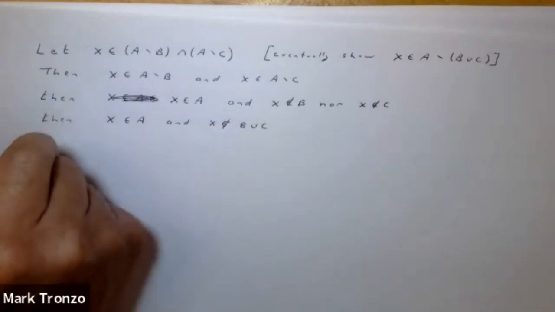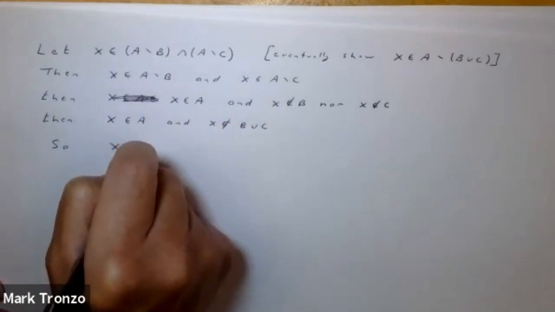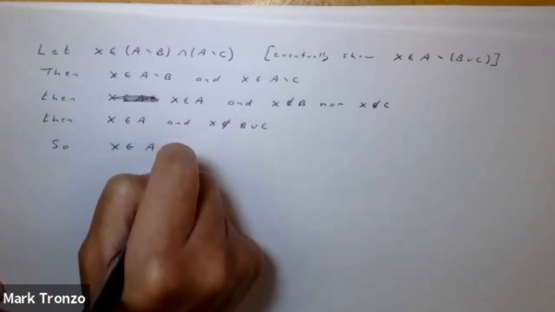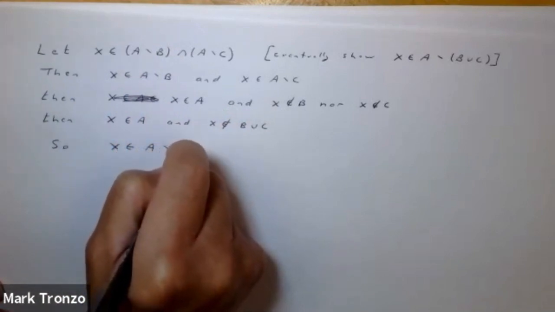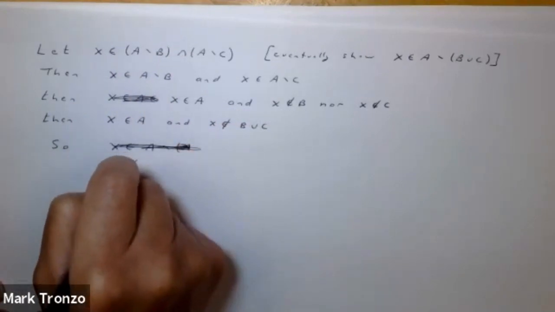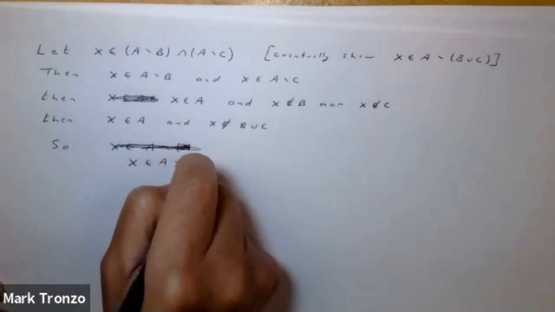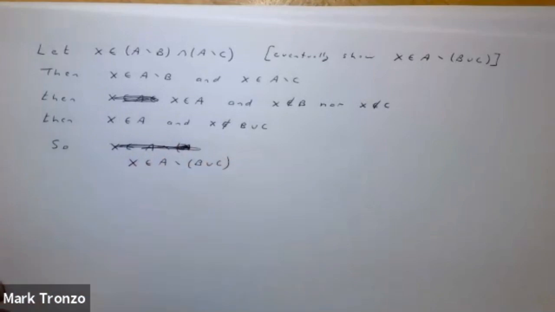So that means x is in A complement B union C, like this.